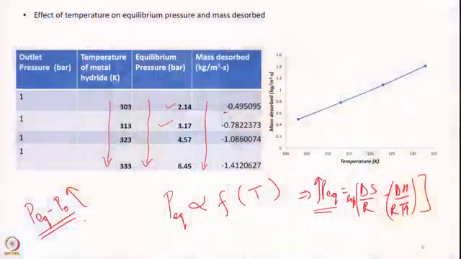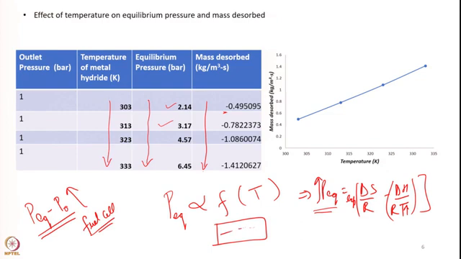So, initially we have to see what we have to consider. Suppose we want to design a metal hydride reactor for fuel cell integration. So there is a hydrogen metal hydride reactor that is connected with the fuel cell. This hydrogen needs to be removed at a particular rate that goes into the fuel cell, and that is further used for the generation of electricity.